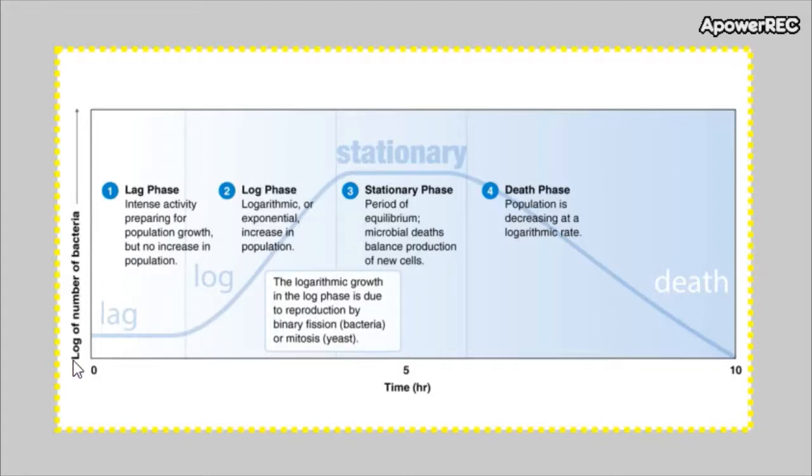So this is on a log on the y-axis and just a no log on the x-axis. So it appears linear to our eyes for this graph. After log phase, we enter into stationary phase where the number of deaths and new cells is in balance. And then finally death phase where the population decreases at a logarithmic rate.